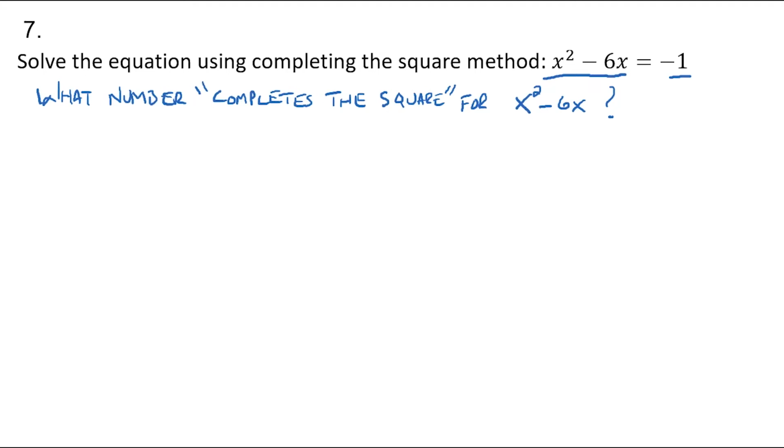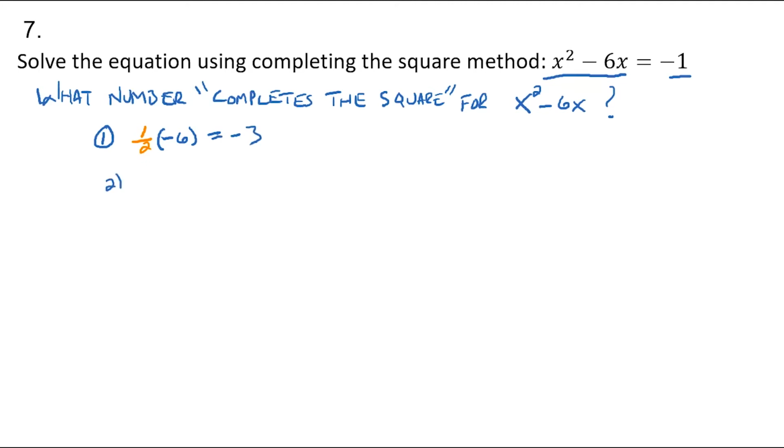So the first step that we do is take the middle term, and in this case it is -6, and we want to multiply it by 1/2. And the result of that will give us -3.